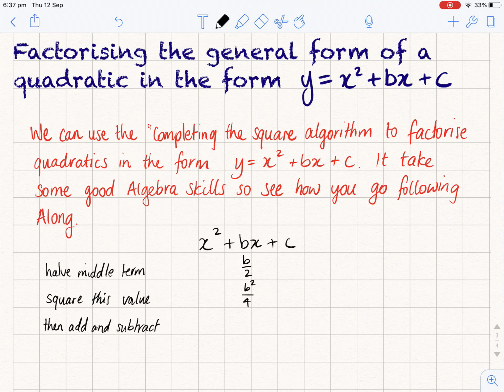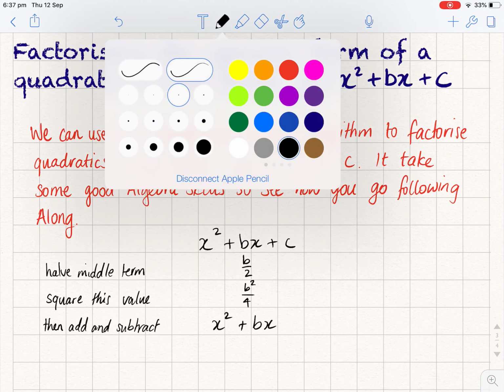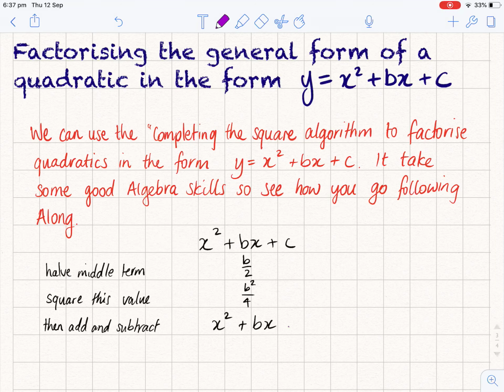which looks like this. I don't want the plus c part. Let's just go back a step. What I want to put in now is my plus b squared over 4 minus b squared over 4, and then plus c.